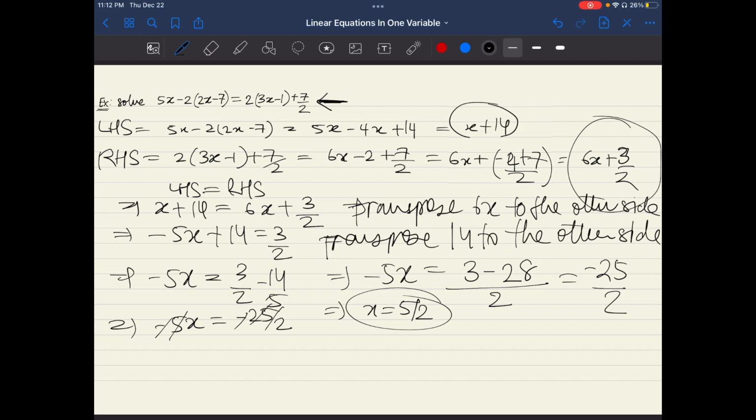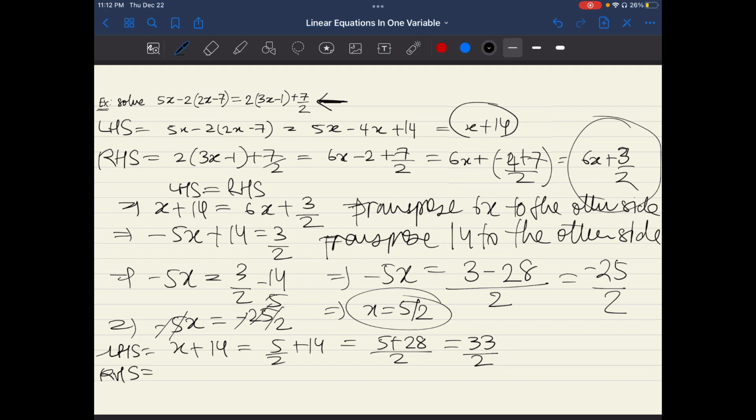Now let's check if this is correct. Our LHS was x plus 14, which is 5 over 2 plus 14, which turns out to be (5 plus 28)/2, 33 over 2.